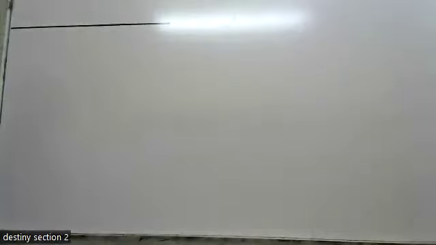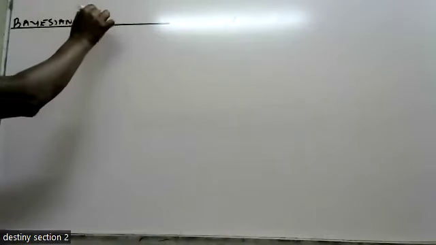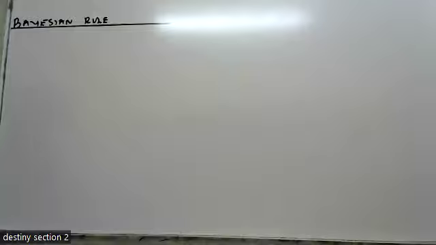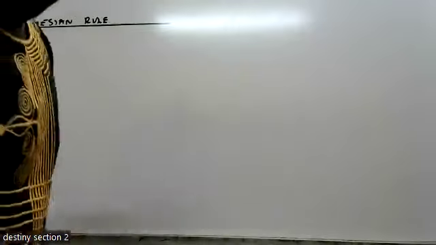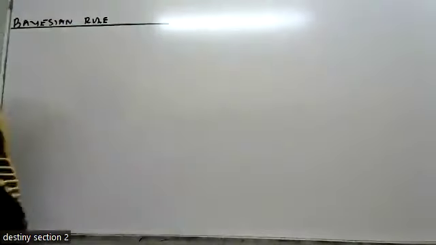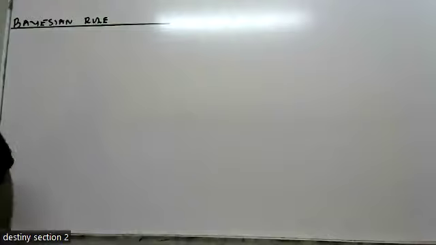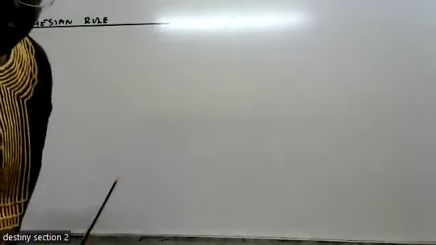So we are saying we are dealing with the Bayesian rule. And in the Bayesian rule, as you can see the rule that is stated up there, we are going to use that rule.